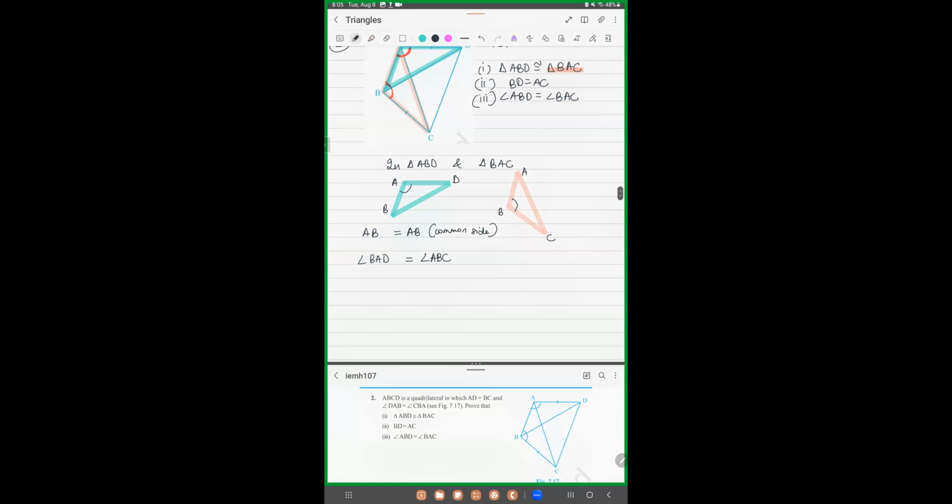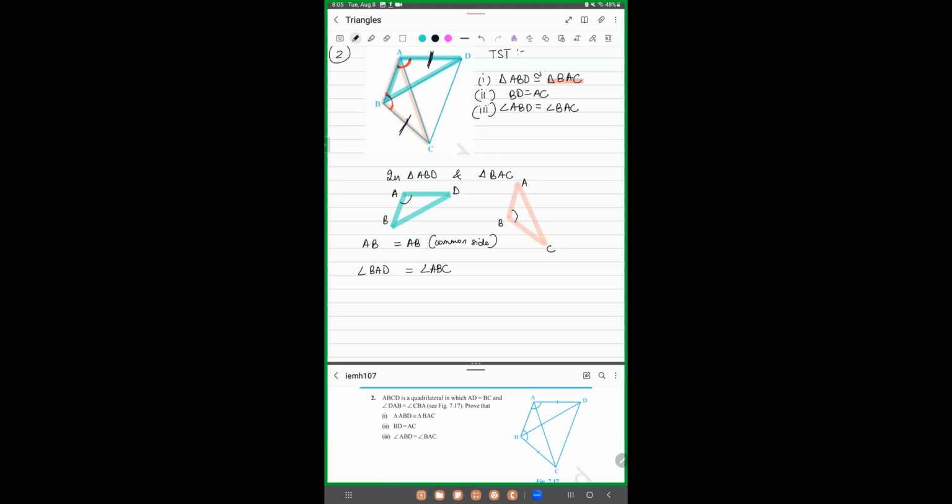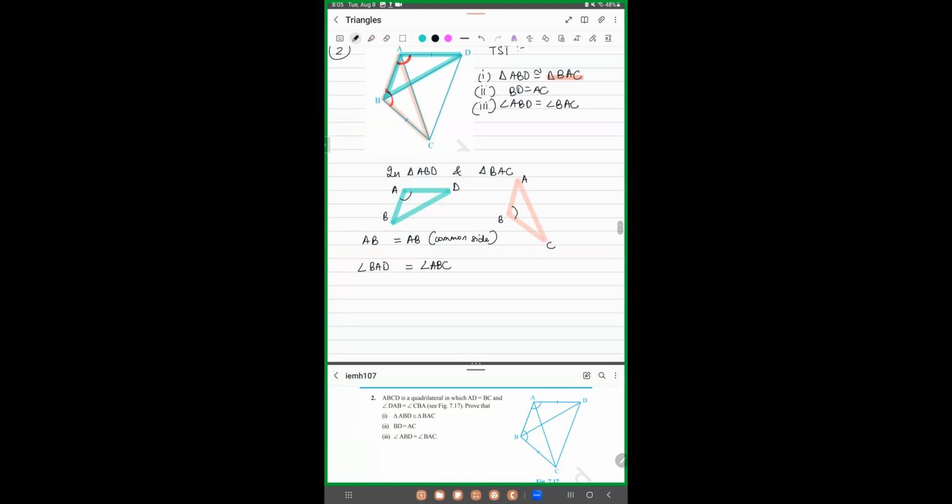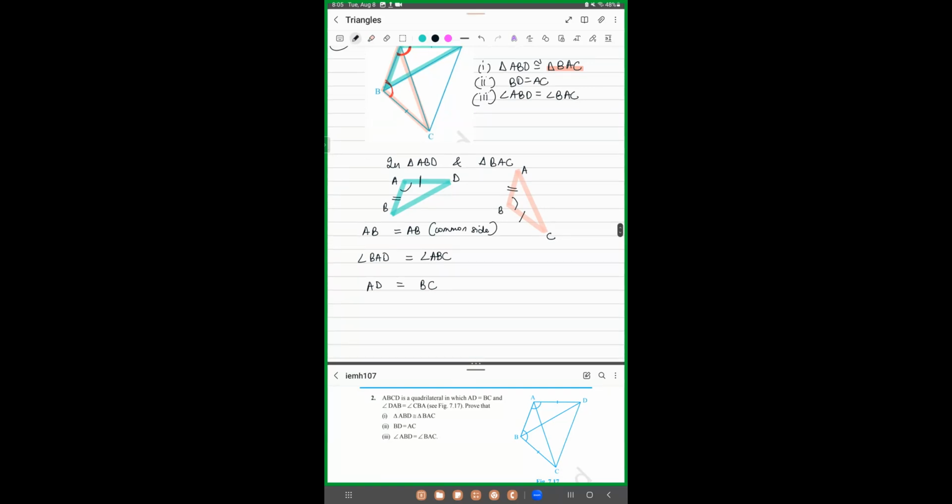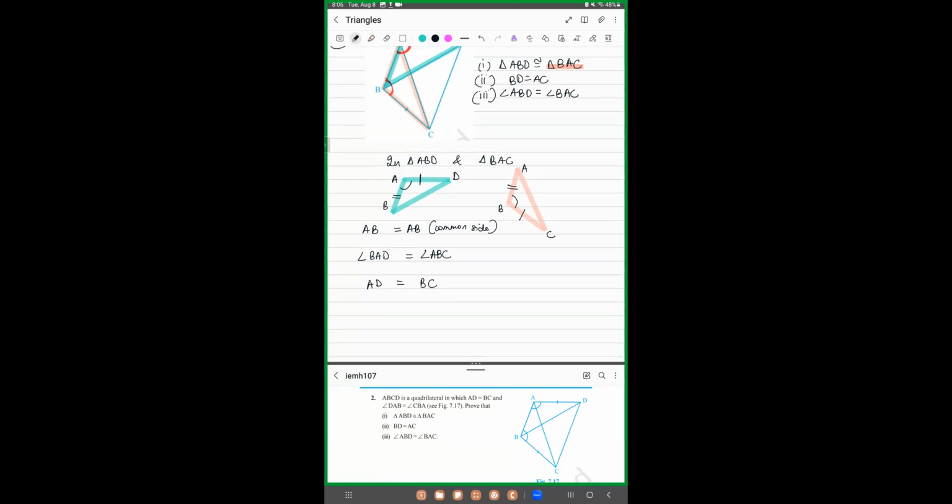Now, can you tell me which criteria will be used here? Which congruence rule will be used here? They will be congruent, but by which congruence rule?